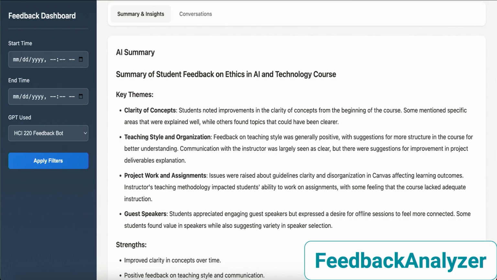It pulled out some quotes from the students to show the instructor why it identified these themes. Also, the instructor is able to go in and read the specific conversations if they had that concern. I would have to think about that a little more, just in case there was an outlier that it did overlook, and how we can prevent that.